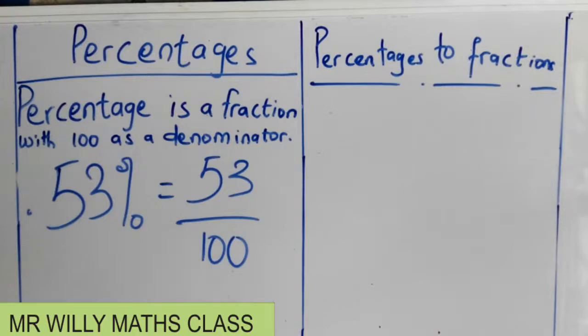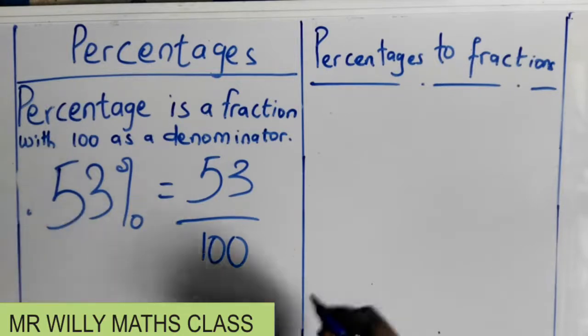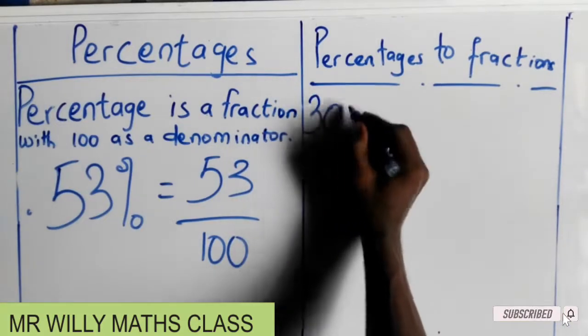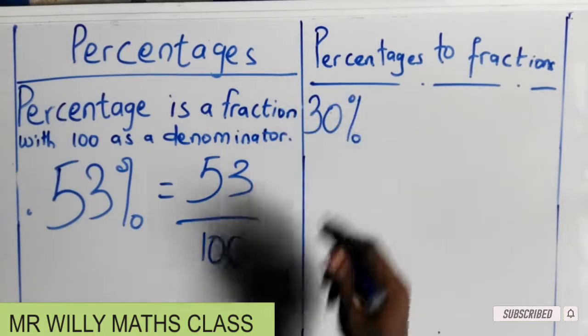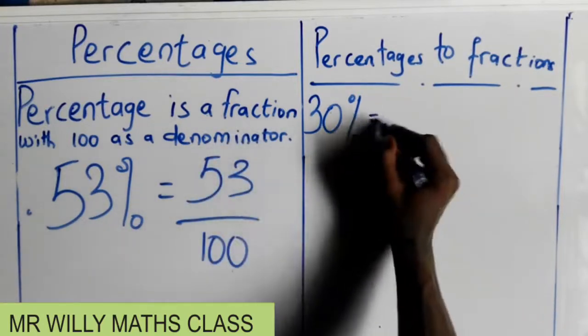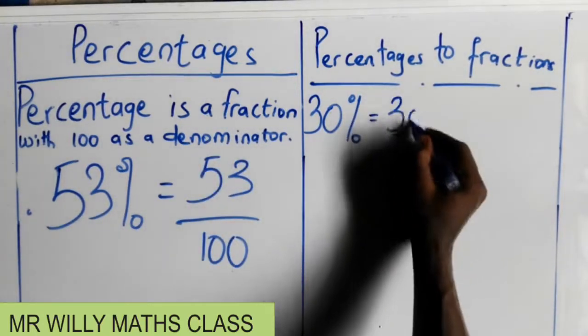So let's move to how to change from percentages to fraction in its lowest term. Let's say that you have 30%, and you're asked to change this percentage to fraction in its lowest term. Now 30% is 30 over 100.